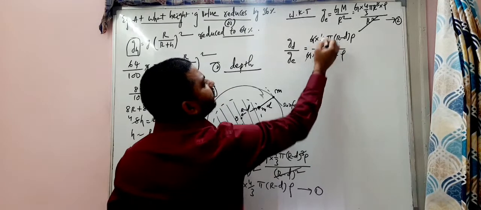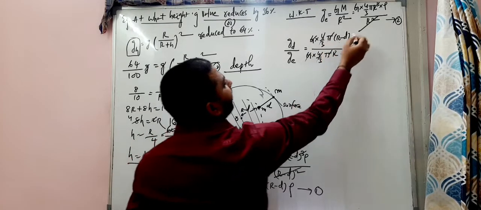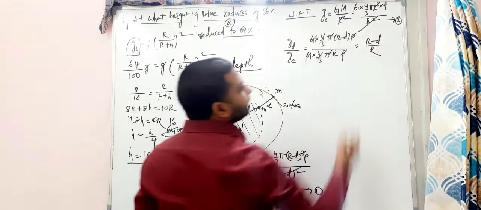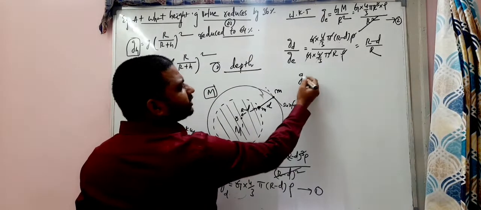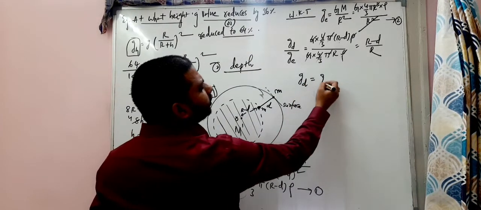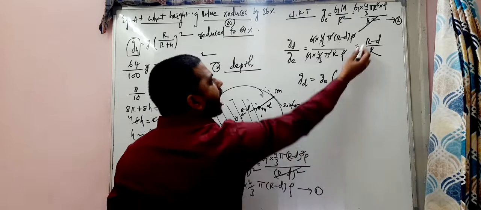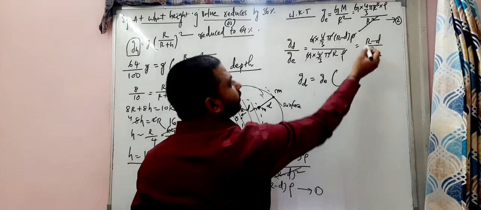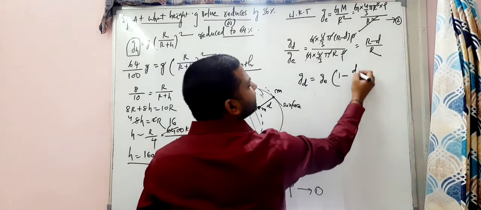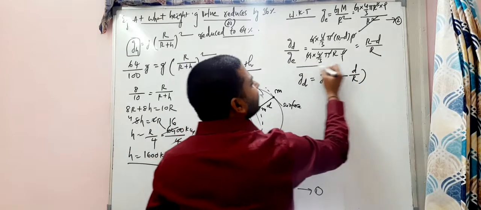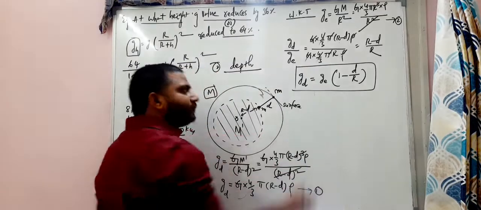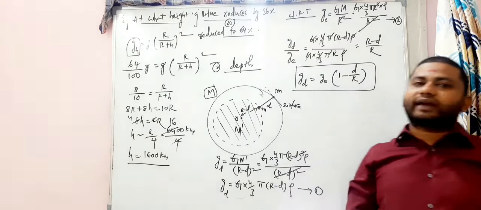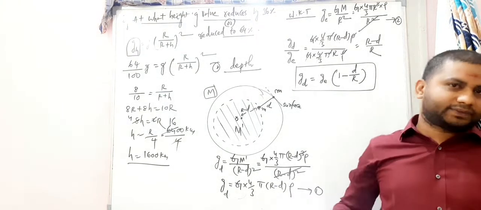So G 4 by 3 pi rho cancels. What is left here? R minus D by R. So acceleration due to gravity at some depth is equal to g_e into (R minus D) by R, that is g_e into 1 minus D by R. So this is an important equation for acceleration due to gravity at some depth, my dear students.